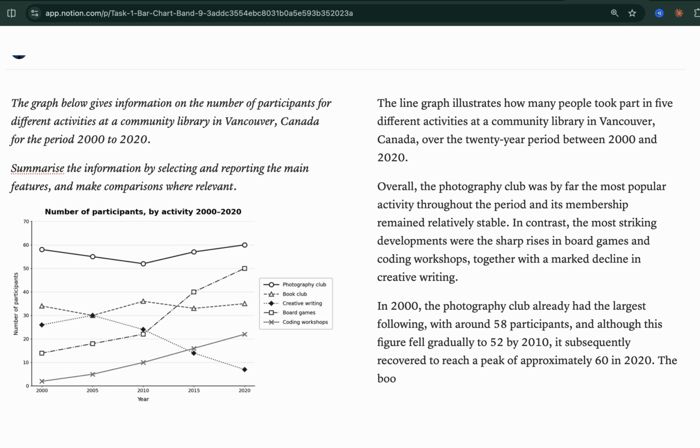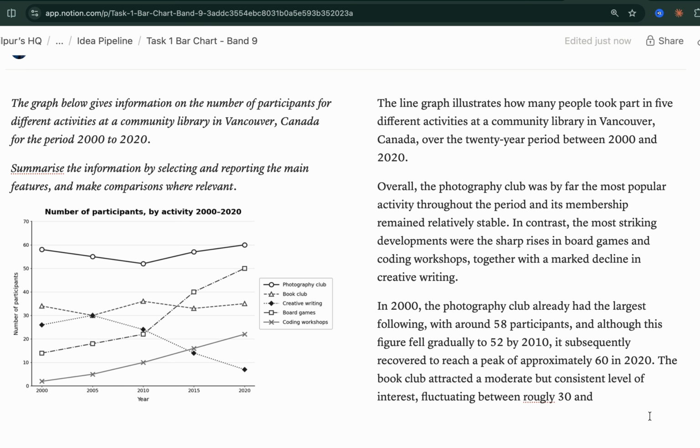The book club attracted a moderate but consistent level of interest, fluctuating between roughly 30 and, well, I could say it's 36, maybe 37, right?